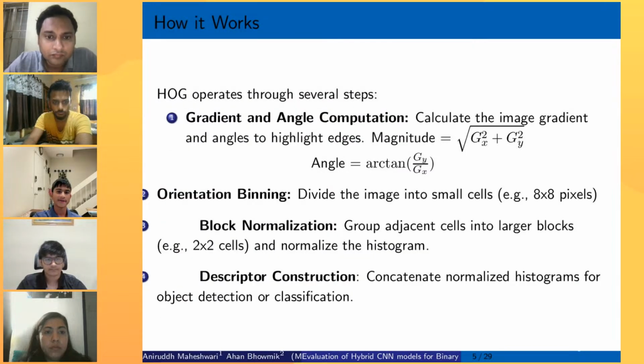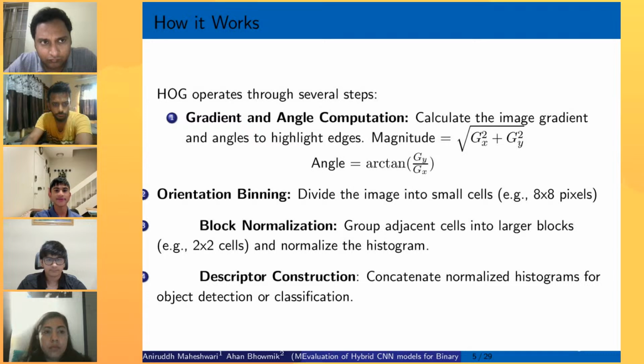How HOG works is first we convert the image to grayscale, and when we do that, each pixel in the image is assigned an intensity from 0 to 255. So we calculate image gradients and angles to highlight these edges with the following formulas. Square root of gx squared plus gy squared for the magnitude, and for the angles, the arctan of gy by gx.